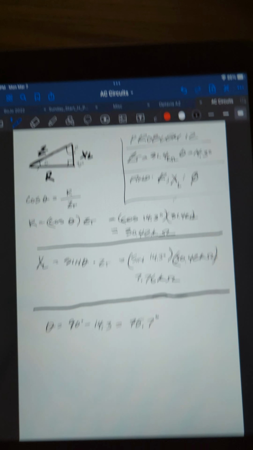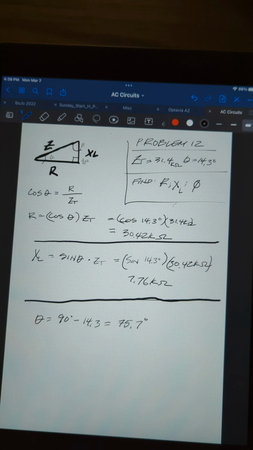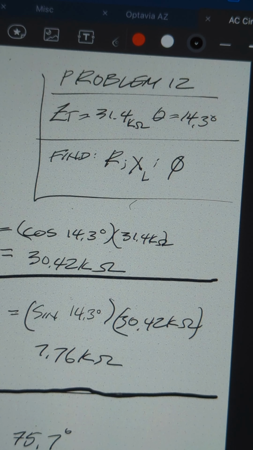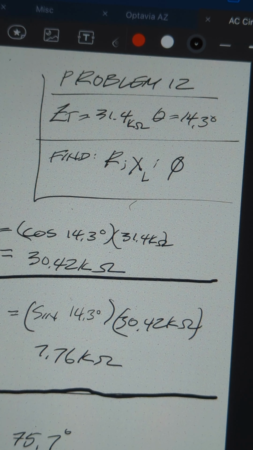The information we have on this problem is that my total impedance is 31.4 k ohms. My theta is 14.3 degrees, and I'm looking to solve for resistance, inductive reactance, and angle phi.